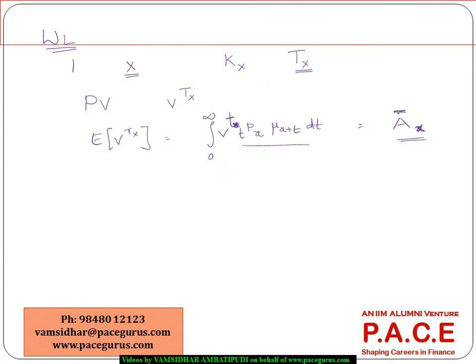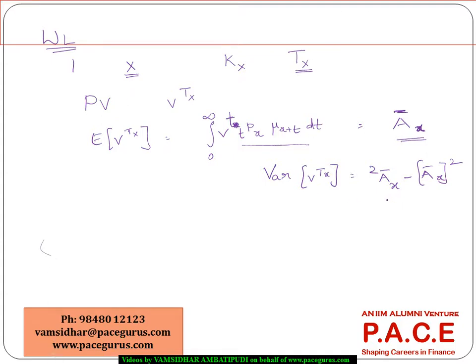Whereas in the continuous case, where we are looking at immediate payments, we represent it with a bar. That's the only difference. Even if I have to compute the variance of v^{T_x}, we will call it 2Ā_x minus (Ā_x) whole squared.